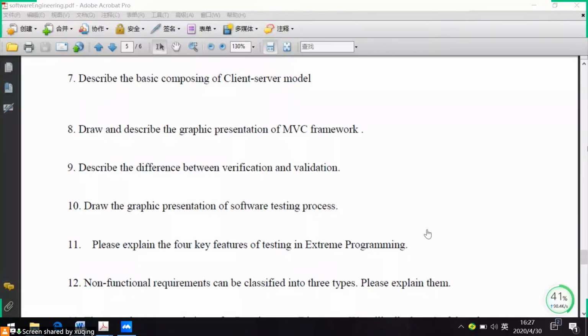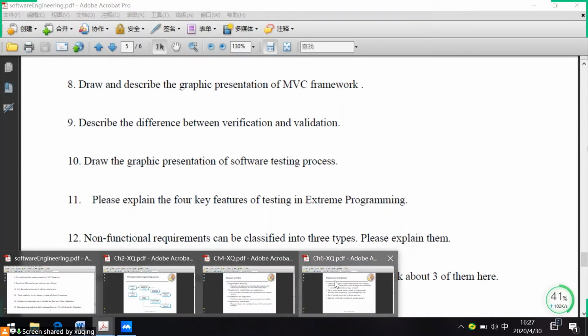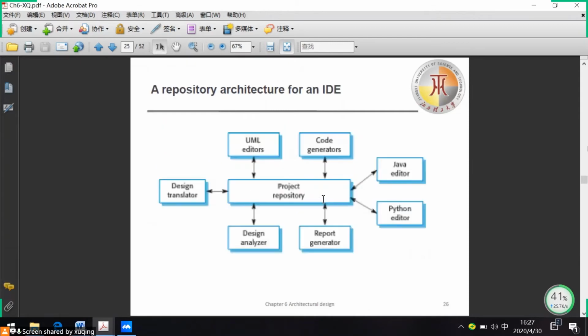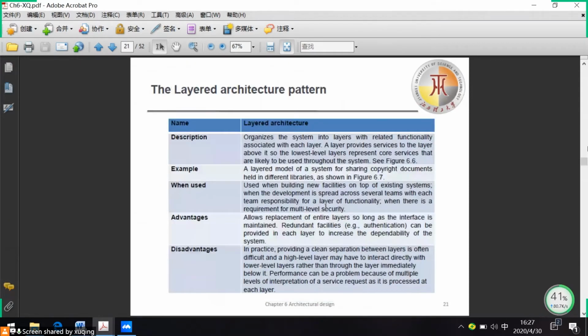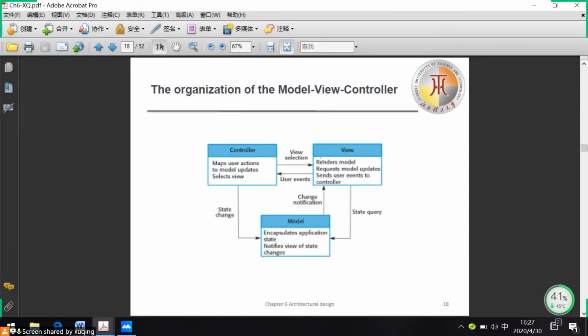So here you see we have the organization of the MVC. And you can find the graphic presentation of this framework. Also here it should be somewhere before. Yeah, here you see MVC.